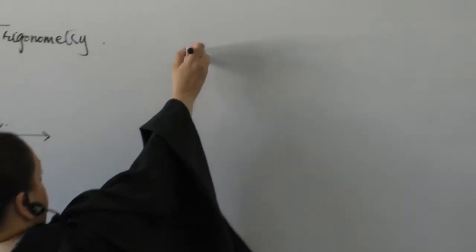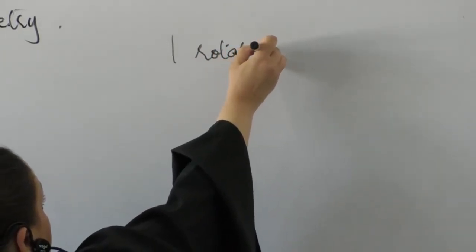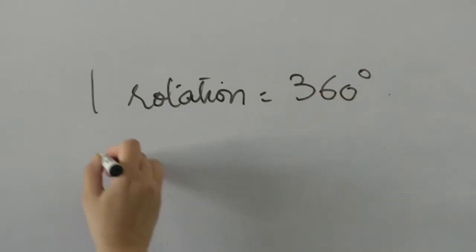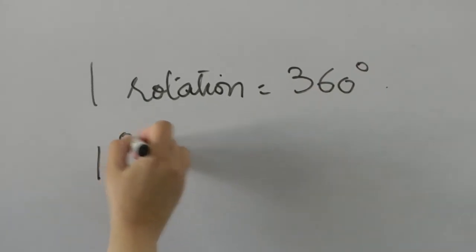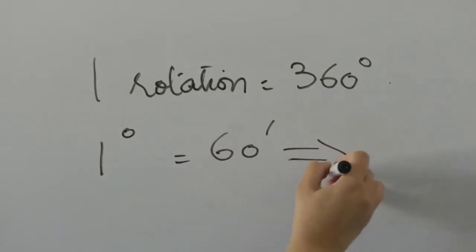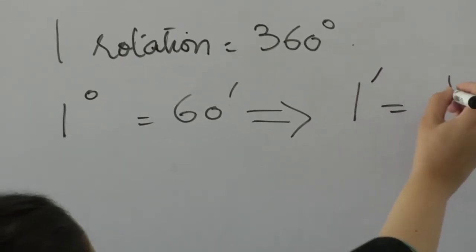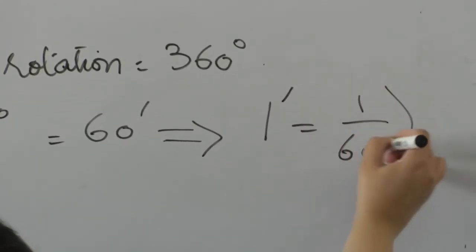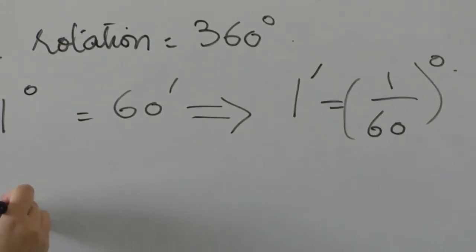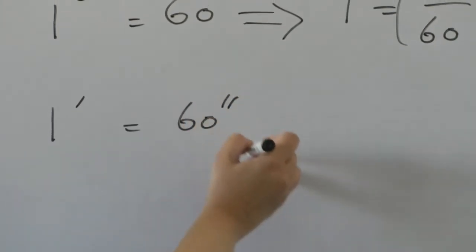Now, one rotation, 360 degree angles, 1 degree, 60 minutes. It implies that 1 minute will be equal to 1 by 60 degree. Similarly, 1 minute is equal to 60 seconds.